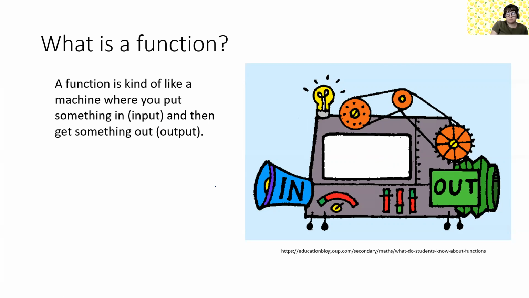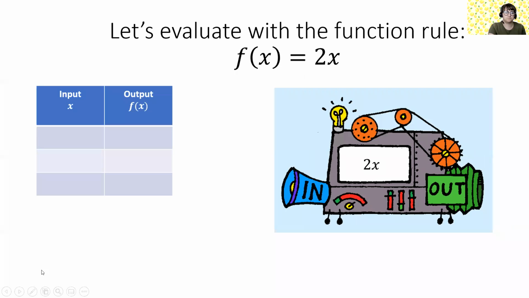So in math, usually we call what's going into the machine an input and what's coming out the other side an output. So let's look at an example. Let's evaluate with the function rule f of x equals 2x.